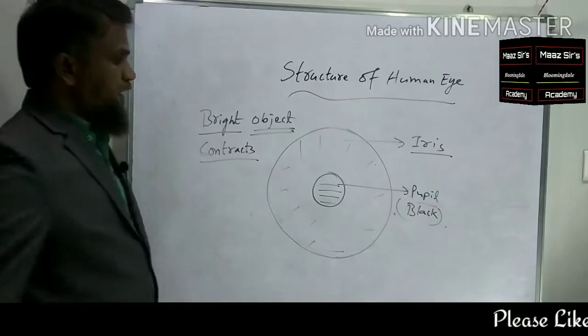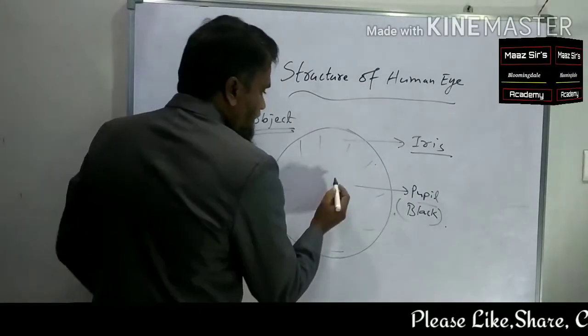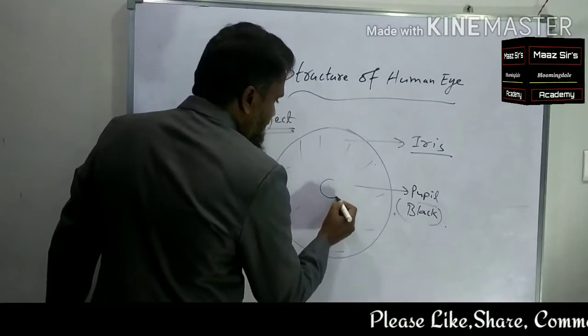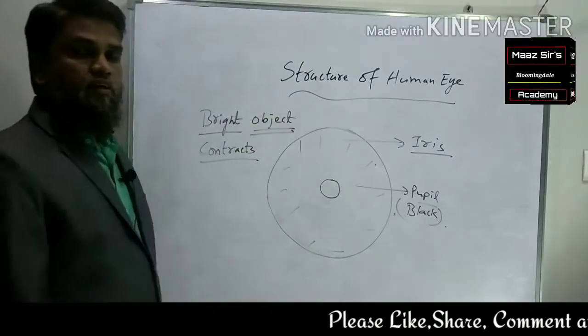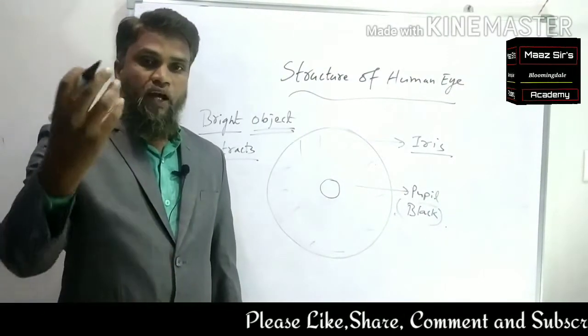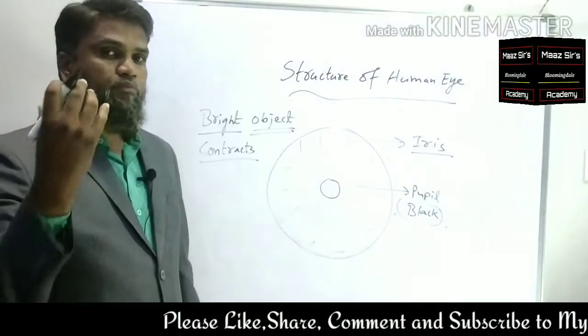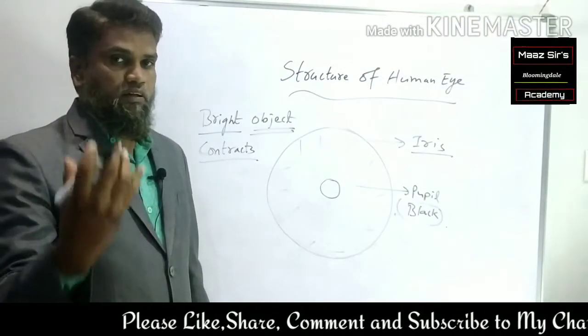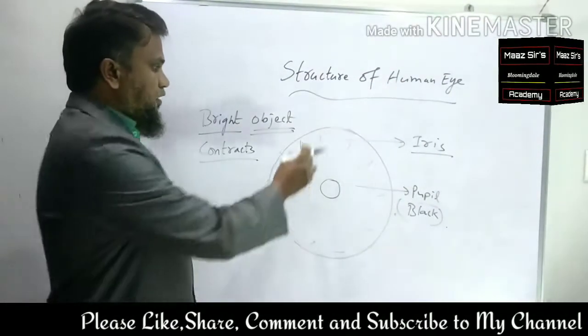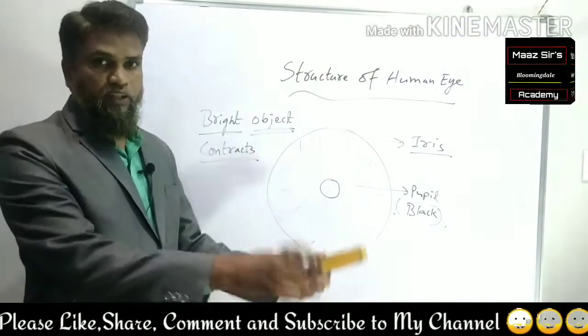When the contraction takes place, the iris contracts and the pupil becomes small in size. Why? So that the bright light should not damage the lens or the retina. That's why the contraction of the iris takes place. So this is one case.